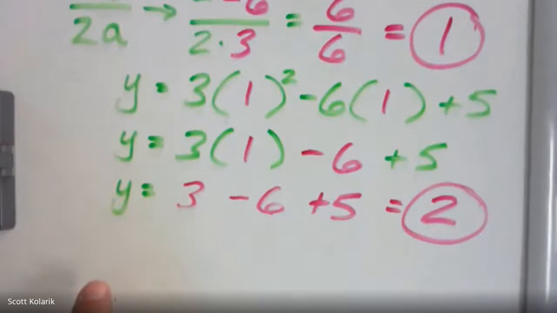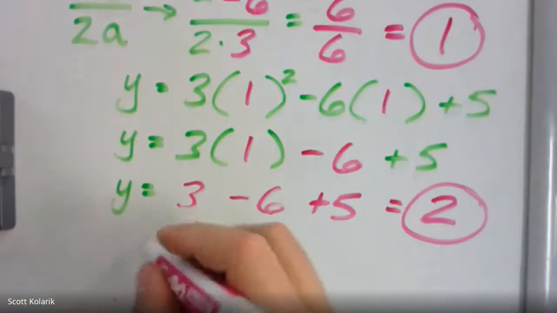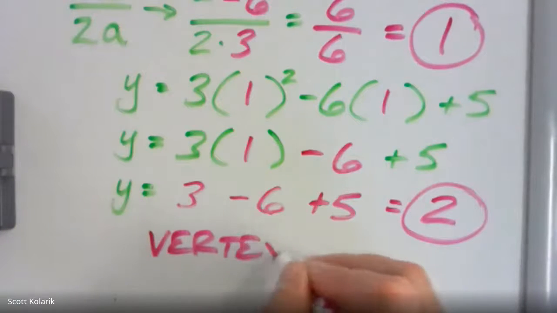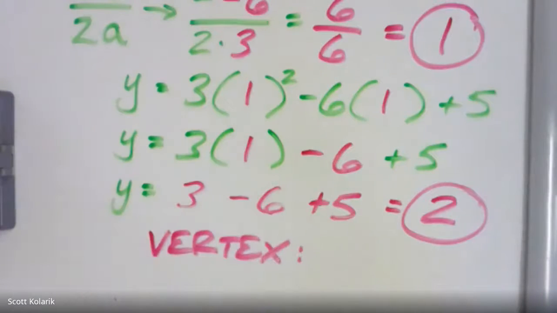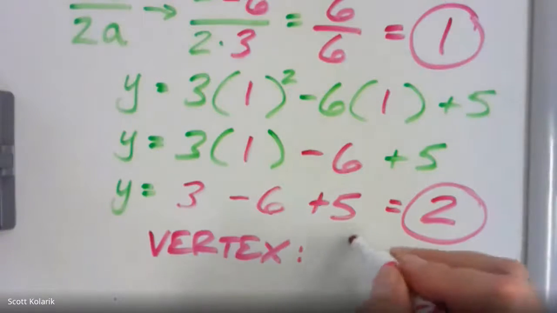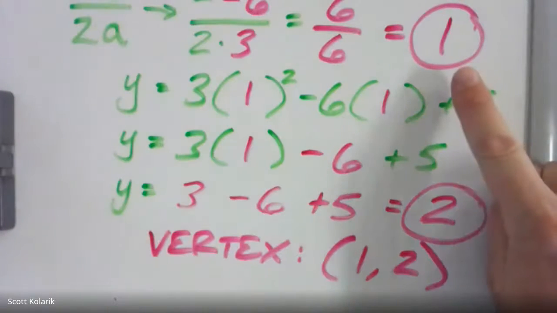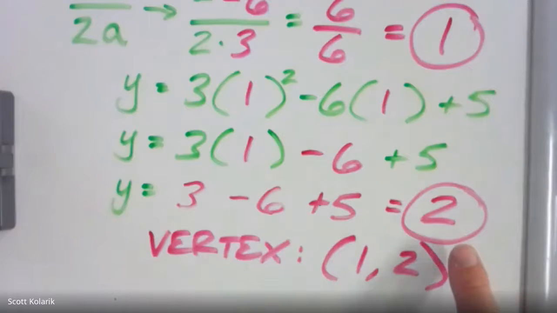Because we did negative b over 2a, this will turn out to be what's called the vertex, or the extreme point in a quadratic, our parabola, our U shape. And so our vertex here is going to be the coordinate point, positive 1, positive 2. The 1 coming from our negative b over 2a, the positive 2 popping out the other side of the equation when we plug that x value into the equation. And so that's going to be our vertex.